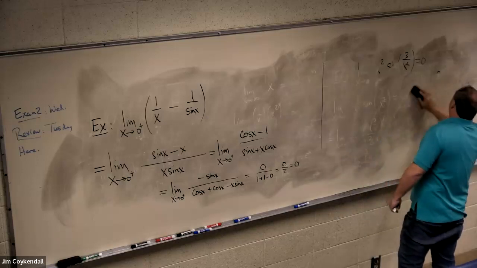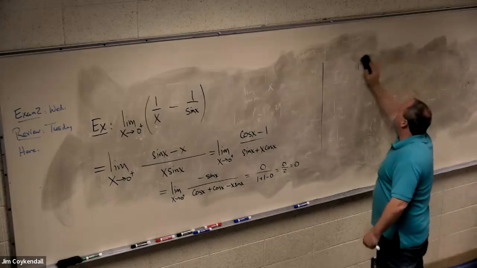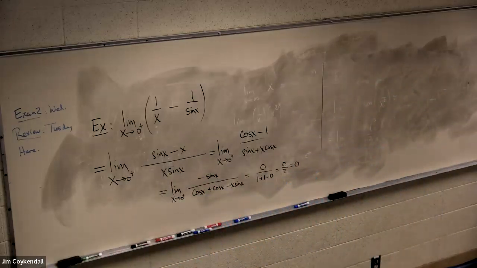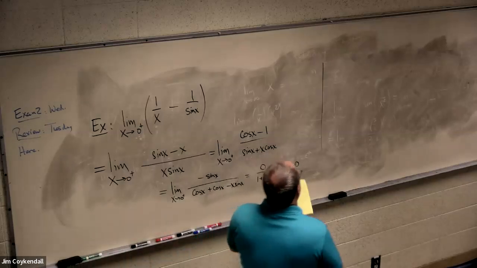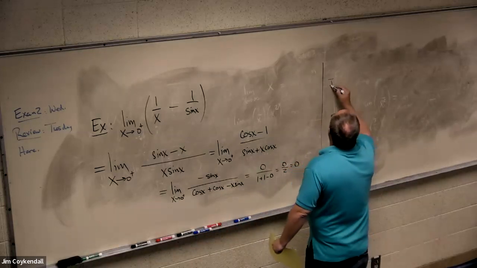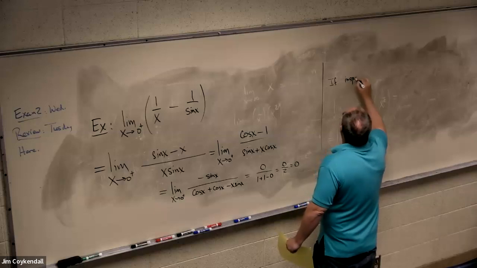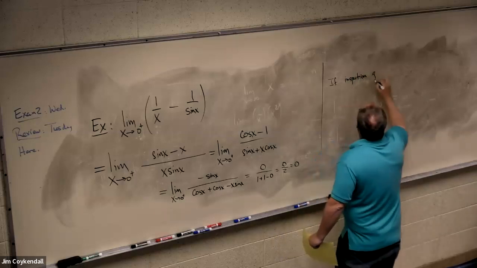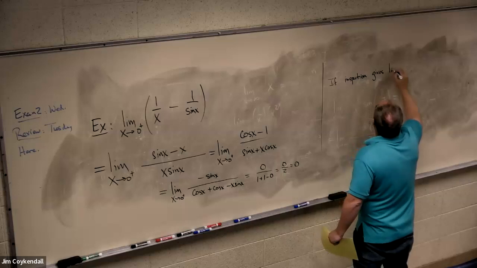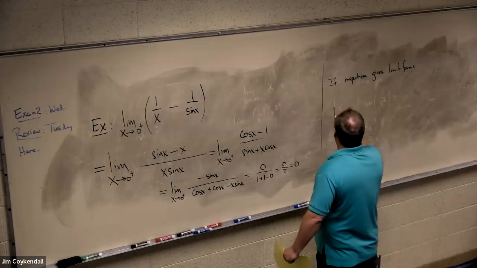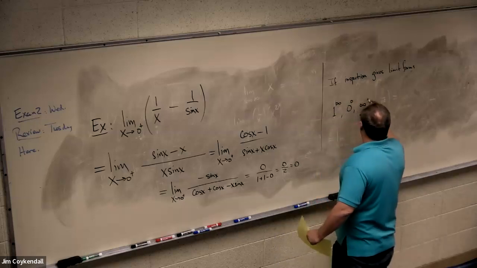The hardest of L'Hopital's applications are the ones where you have variable base and variable exponent. The indeterminate forms are 1 to the infinity, 0 to the 0, and infinity to the 0.